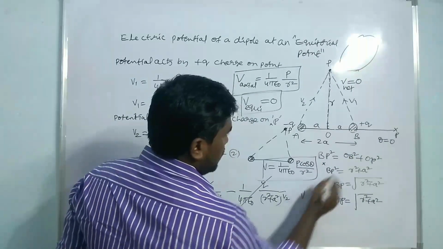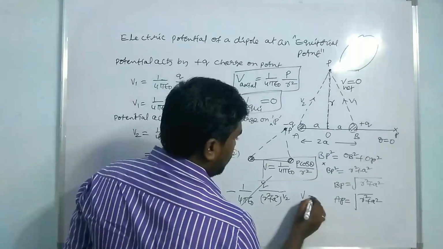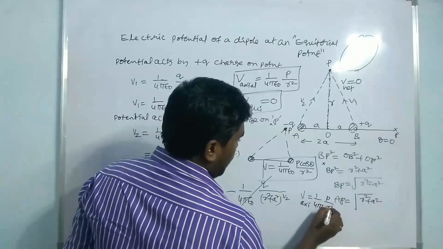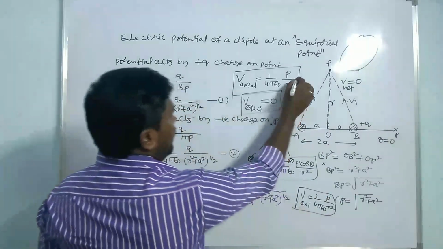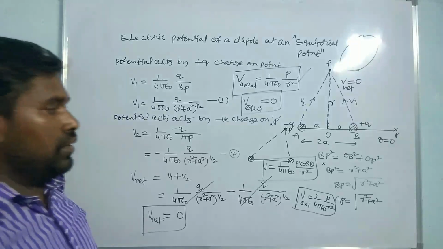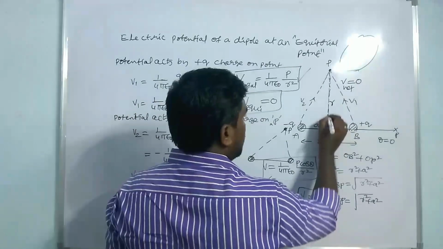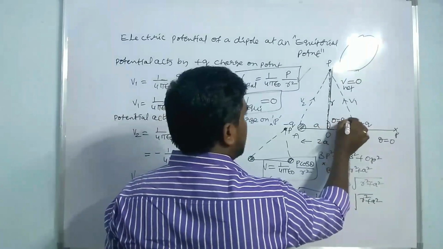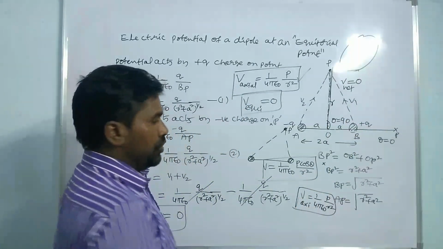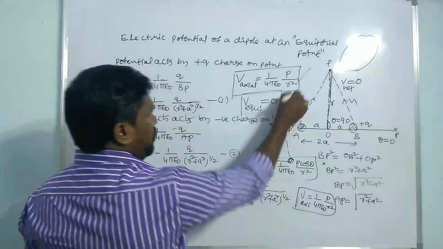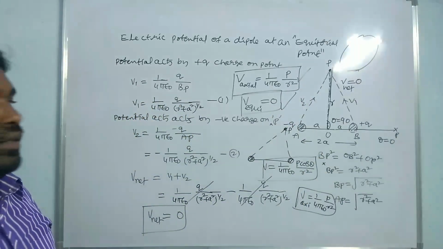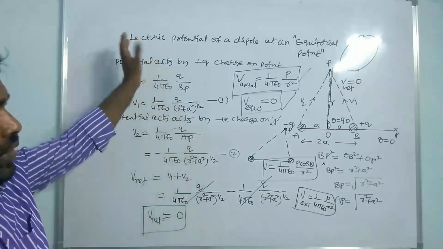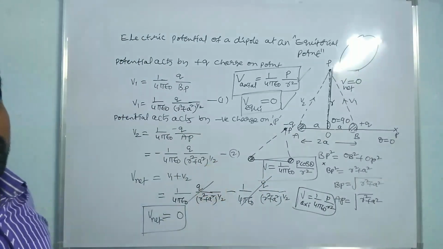Then V axial is equal to 1 by 4 pi epsilon naught P by R square, which we derived already. If it is on an equatorial line, theta is equal to 90 degrees, where cos 90 is equal to 0. Something into 0 is equal to 0. That is V equatorial. This was already derived by me, and I will provide it in our iCards. You have to check it and follow it.